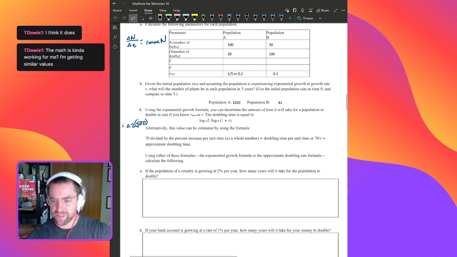Given the initial population size and assuming the population is experiencing exponential growth at growth rate R, what will the number of plants be in each population in 5 years?